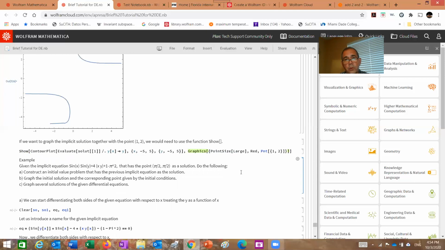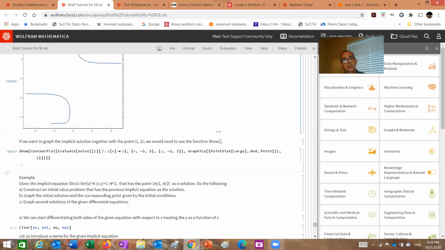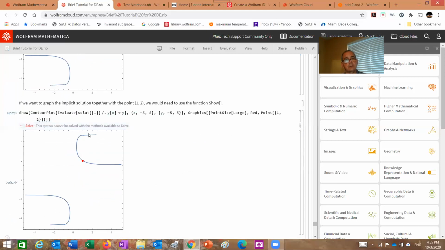So now the point, and now you press Shift Enter, and you get both graphs together. The graph of the implicit equation and the graph of the point together. So this is the point (1, 2), and you see that this part of the graph passes through that point.